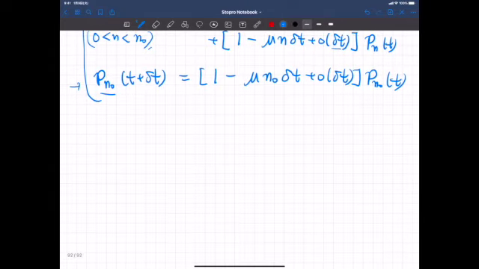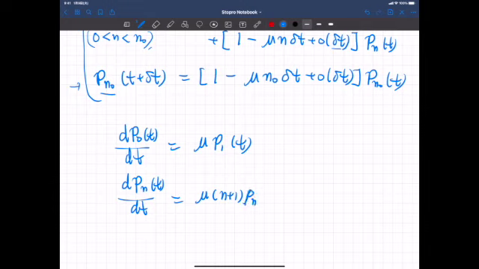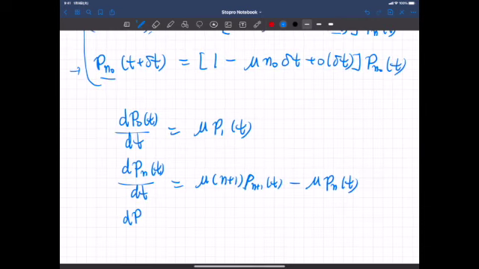So that would be dp0(t)/dt = mu p1(t), and dpn(t)/dt = mu (n+1) p(n+1)(t) minus mu n pn(t), and dpn0(t)/dt = minus mu n0 pn0(t), oh wait a minute, it should be n0 here.